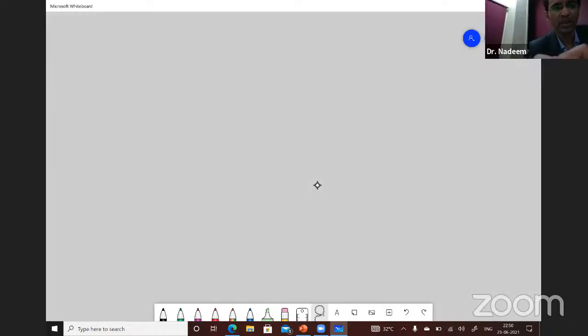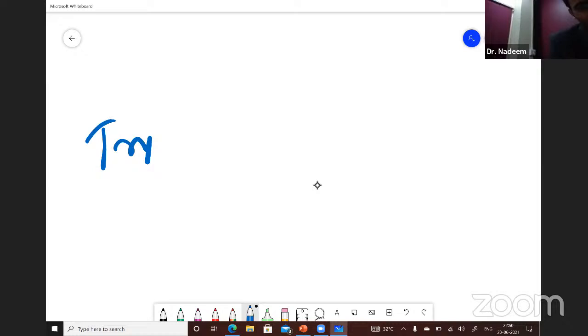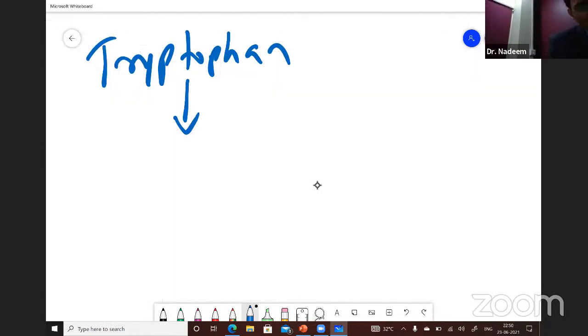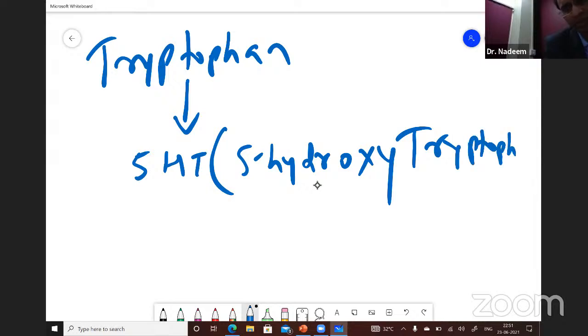First of all, whenever there will be metabolism of tryptophan, after that there will be further metabolism. This will lead to 5-HT, which is called 5-hydroxytryptophan.